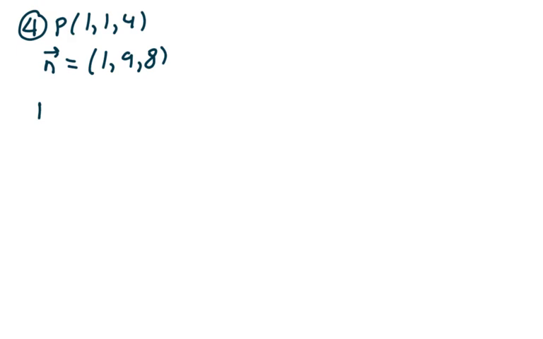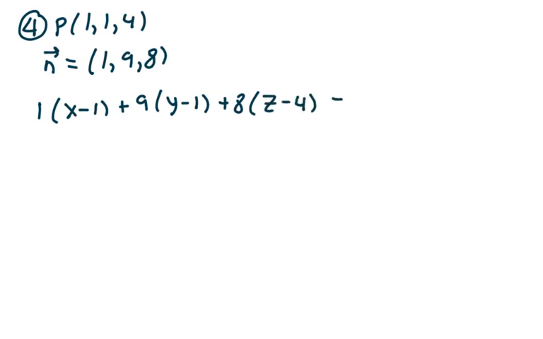So I take the first component of the normal and then I multiply by x minus 1. Take the second component of the normal, multiply by y minus 1, right? And then take the third component of the normal and multiply by z minus 4. And then I'm going to set this equal to 0.